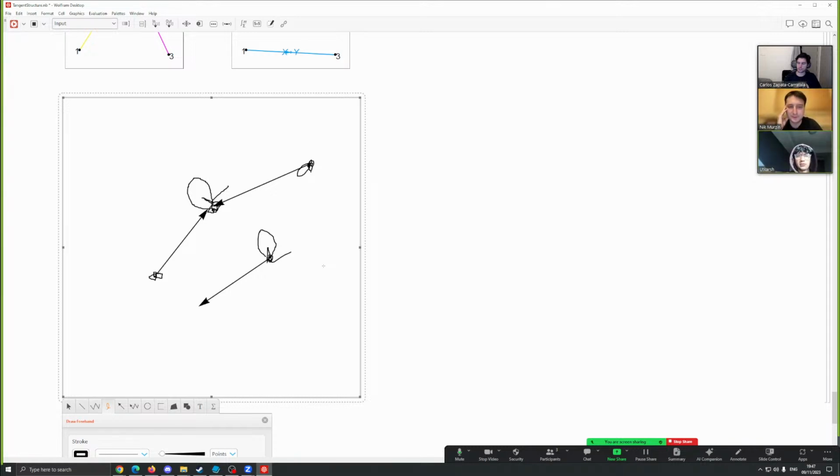Yeah, precisely. But I just think that the definition of vector field kind of breaks down if you try to intuitively represent a sink and a source, right?